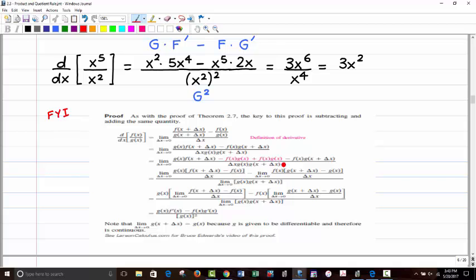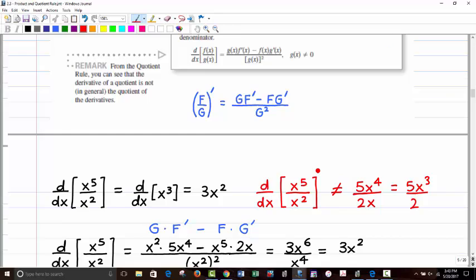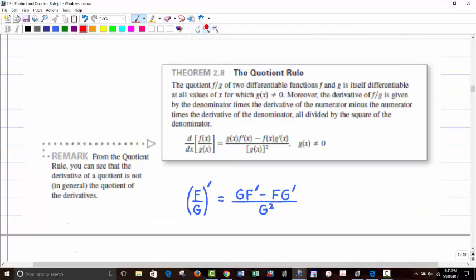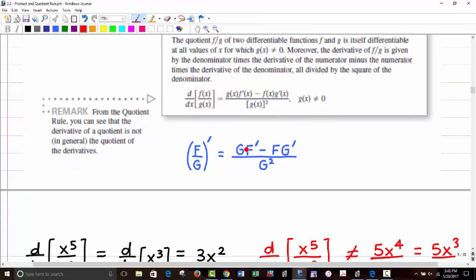Okay, once again, the proof is not needed for you to worry about learning, but if you're interested, feel free to take a look at it. You'll need to know this formula, though, not perfectly memorized, just enough to be able to work with it. That's all I'm saying. When I say memorizing it, you don't have to spit that back out exactly. Just know enough of this right here.